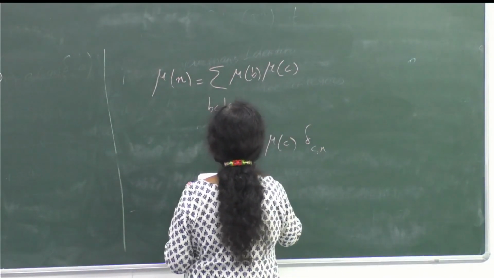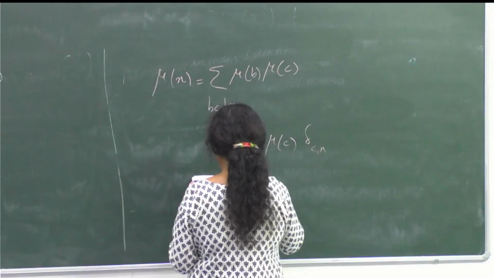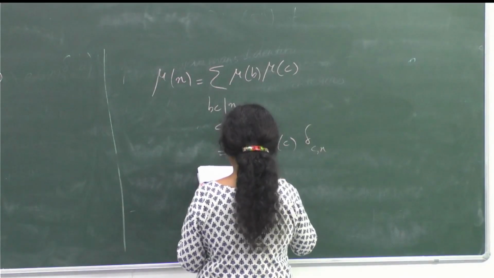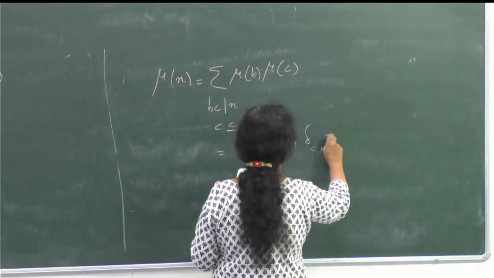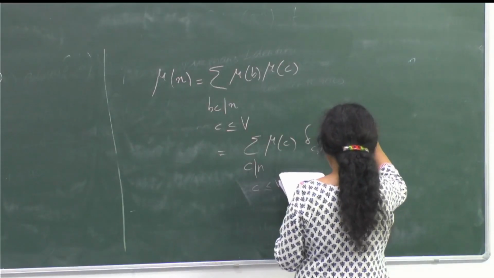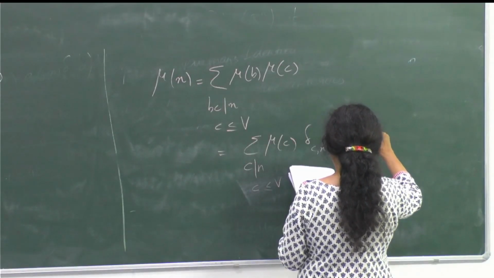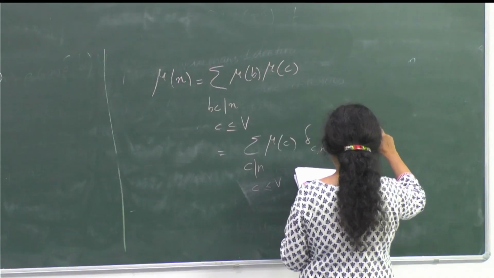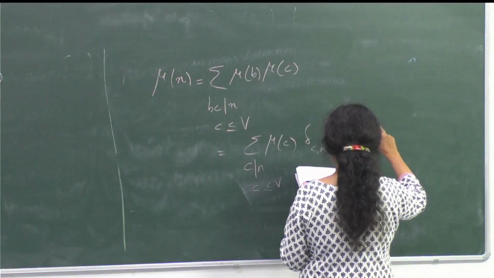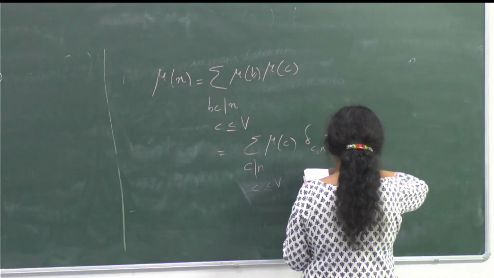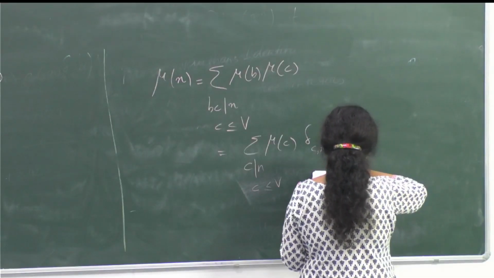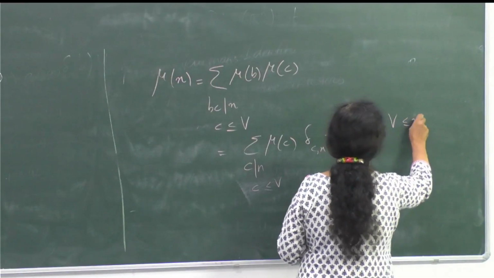C divides n, C is less than or equal to V. And that's equal to 0 if V is less than or equal to N.